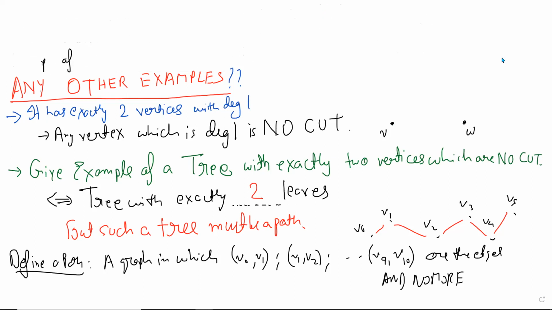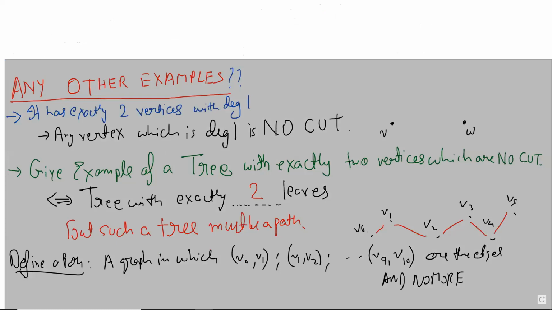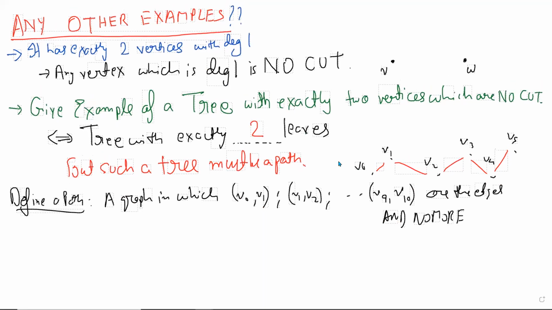Then what can you say about the tree? It's a tree. So let's say P and W are leaves and the only leaves.